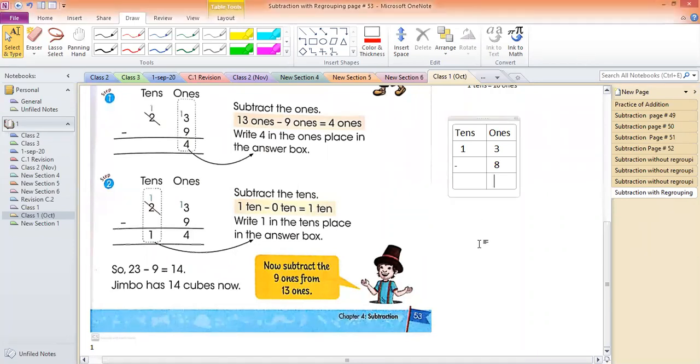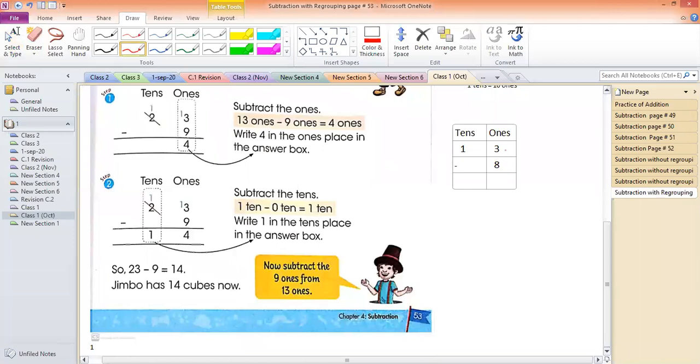Okay. Now, Ryan, I want to minus 8 from 13. So I have to subtract the ones first. Can you tell me, can we subtract 8 from 3? No. Very good. Let me check here.